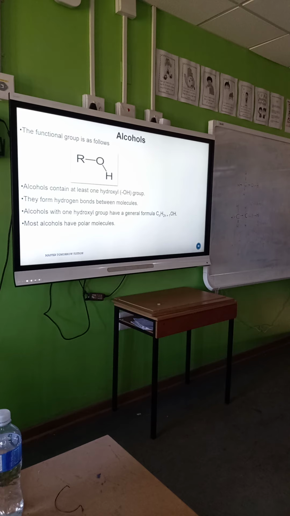Now, if you count your carbons, again, prioritize your functional group. That means you should start from here and say this is carbon number 1, this is carbon number 2, because on carbon number 2 there is OH, which is the functional group for alcohols, and carbon number 3, carbon number 4. So if it is 4 carbons, what does it become? But. And if this OH was not there and it was H, it was going to be what? Butane.